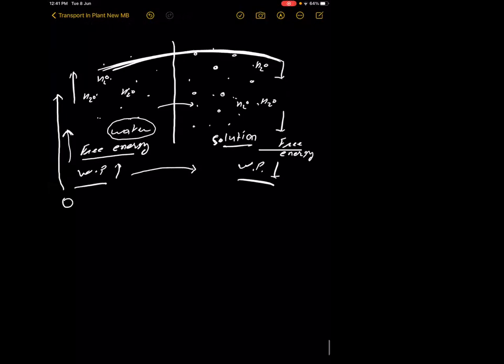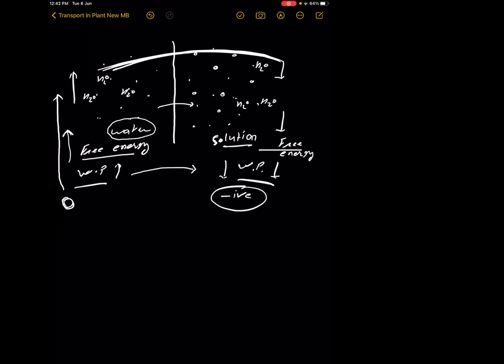It means in the solution, the free energy decreases. Obviously, the water potential becomes less than 0. It becomes negative. Is it clear? So maximum water potential is 0 in pure water.